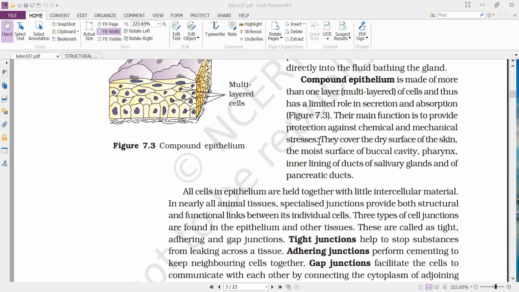It is also present as the covering of the moist surface of the buccal cavity, the inner surface of the pharynx, and the inner lining of ducts of salivary glands and pancreatic ducts. So these are mainly present as the covering of the outer parts of the body and provide protection against chemicals and mechanical stress.